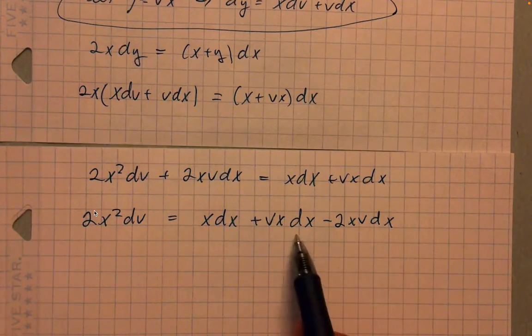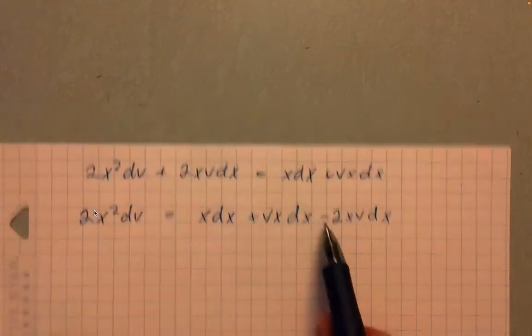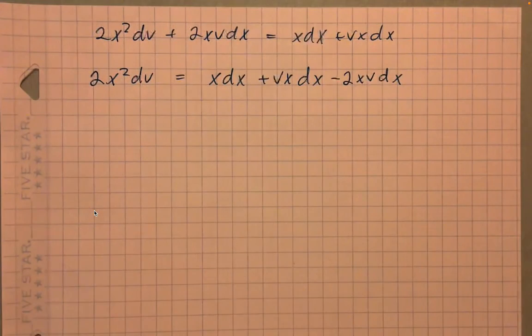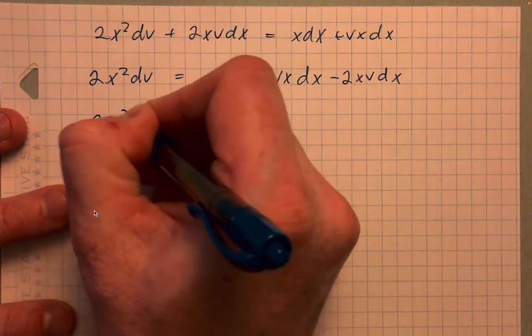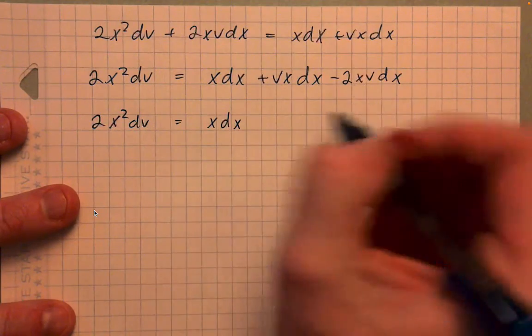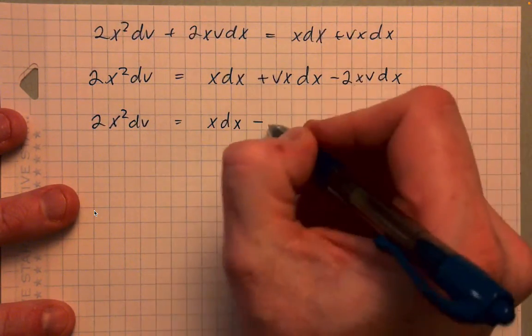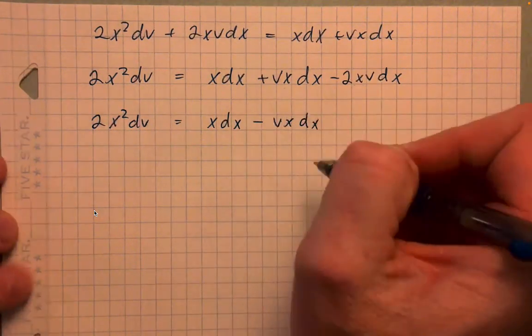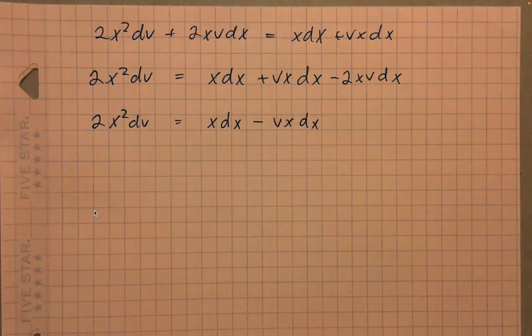Right, so like terms. These two are like terms, and the other one is kind of stuck out there by itself. So I get 2x squared dv equals x dx minus vx dx. I believe so.